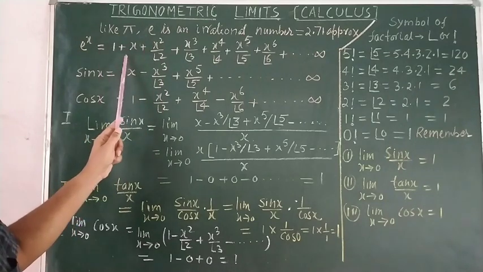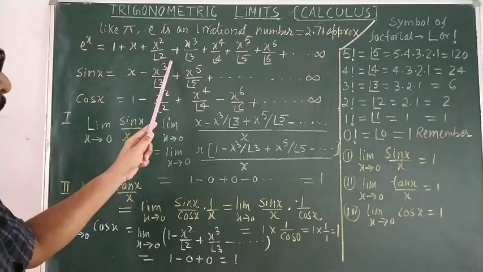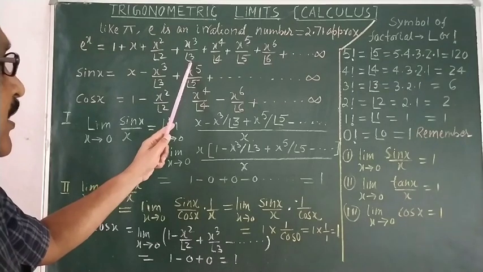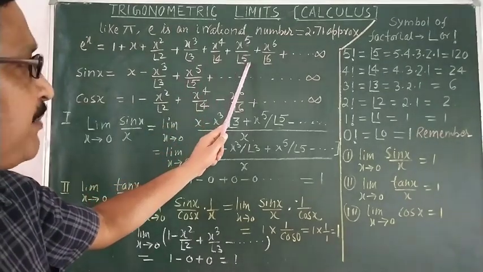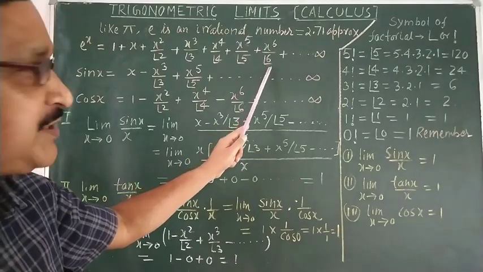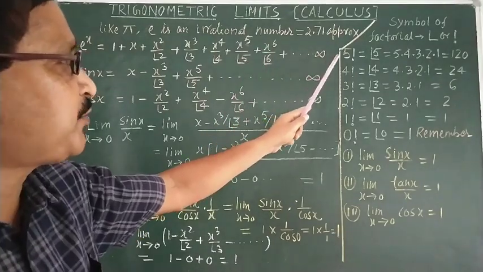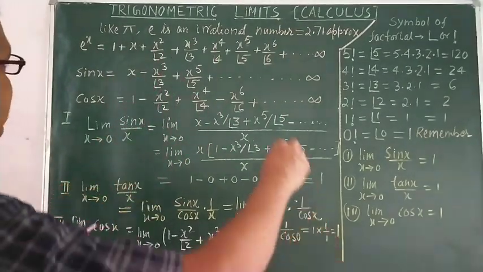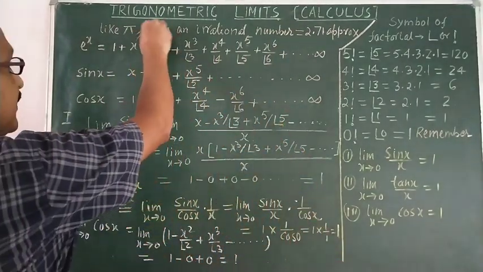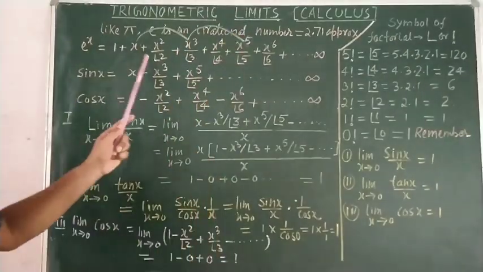So e to the power x is equal to 1 plus x plus x square by factorial 2 plus x cube by factorial 3 plus x 4 by factorial 4 plus x 5 by factorial 5 plus x 6 by factorial 6, and so on. It goes on to infinity. Now sin x: if you take alternate terms, we get sin x.